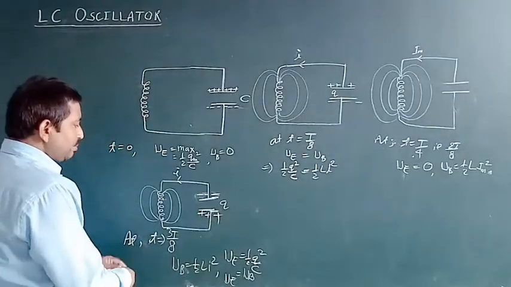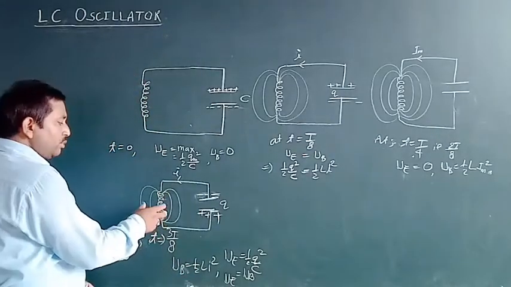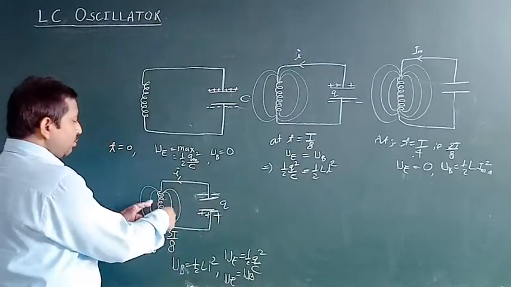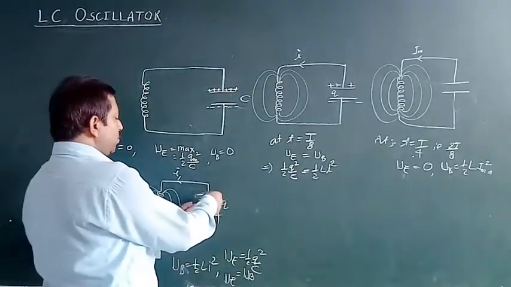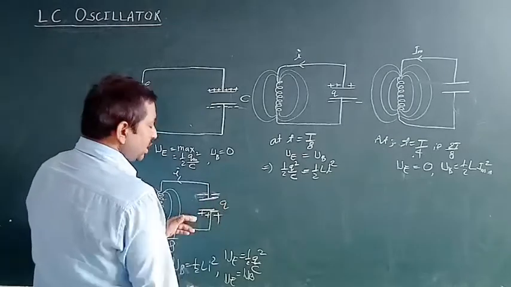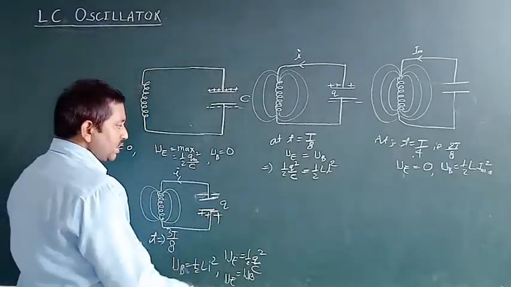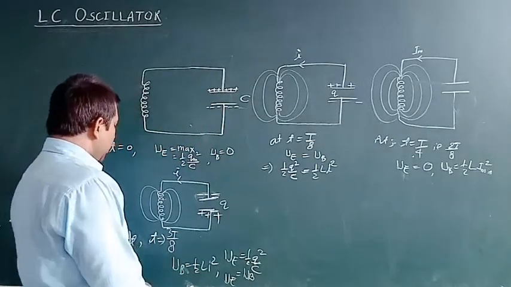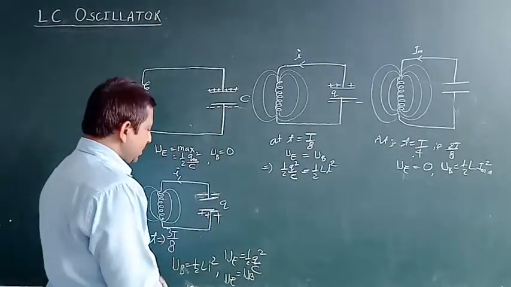After some time, when the total energy stored in the inductor leaks down, the total energy of the inductor will be stored in the form of charge, that is the electrostatic energy stored in the capacitor. Suppose that this occurs at t equal to T by 2, it means 4T by 8.